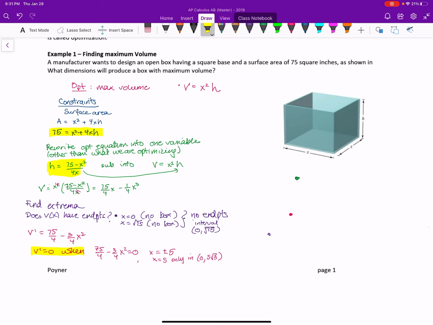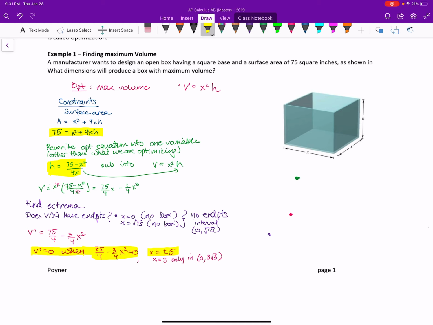You write V prime is equal to 0 when, and then actually set the other side equal to 0. Sometimes, let's say you made an error in the function itself, you can get a point for just writing V prime has to equal 0. So it would be nice to eke out an extra point. Let's say you made a mistake, right? And then you set it equal to 0 and solve for x.